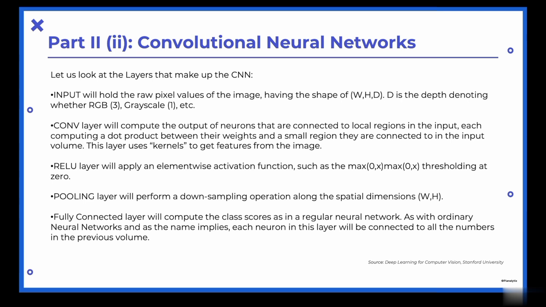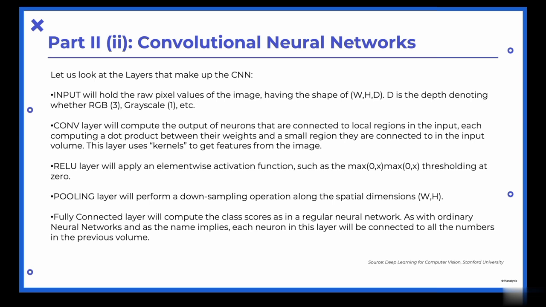The ReLU layer is an activation function that will apply an element-wise activation, such as the max(0, x) thresholding. Basically, any negative value will be thresholded to 0 and the positive values will remain the same. The pooling layer will perform a downsampling operation along the spatial dimensions of width and height.